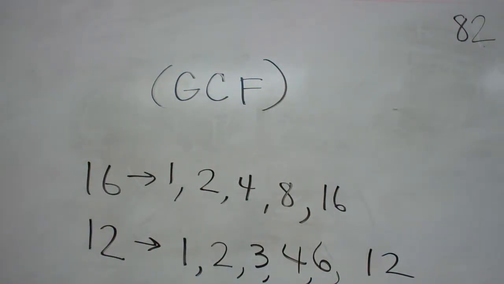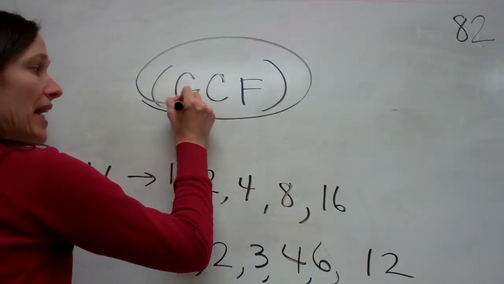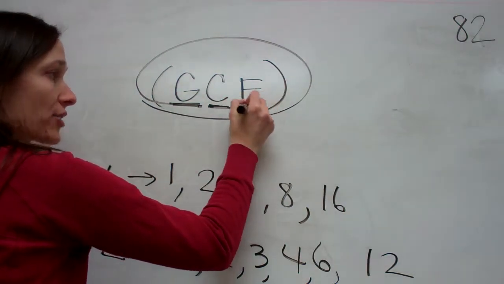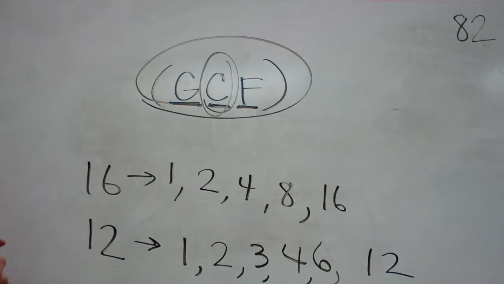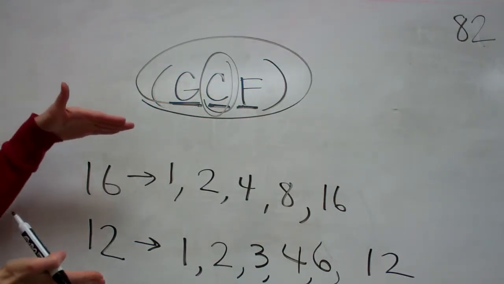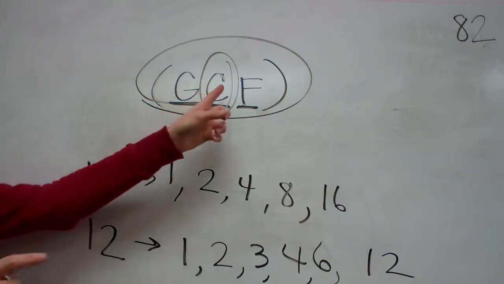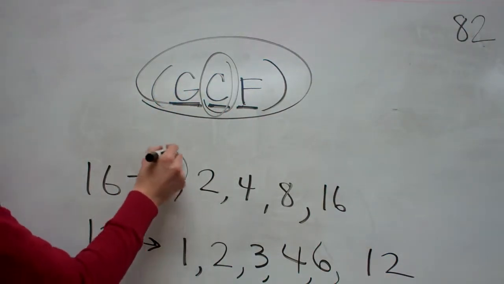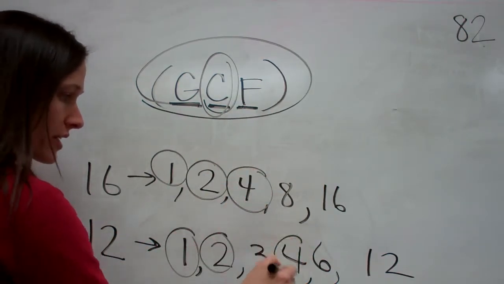Understand? Now, this is where the greatest common factor comes into play. What is the greatest common factor? Common meaning what do they share that's the same? We're going to circle all the ones that they're sharing, the common ones. 1 they share, 2 is the same, 4 is the same.